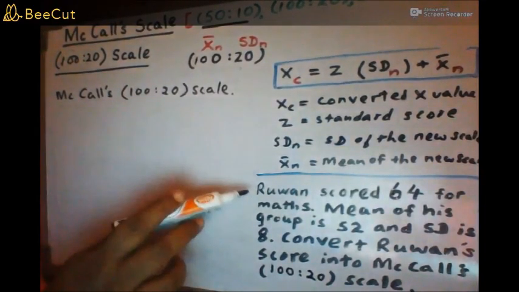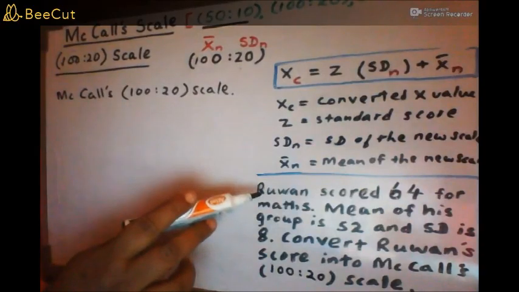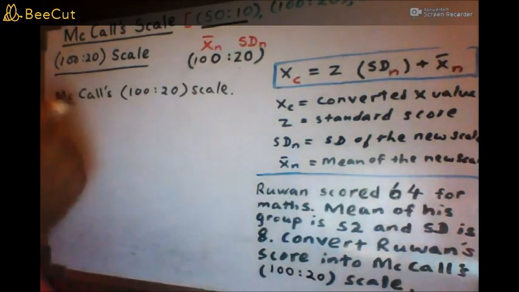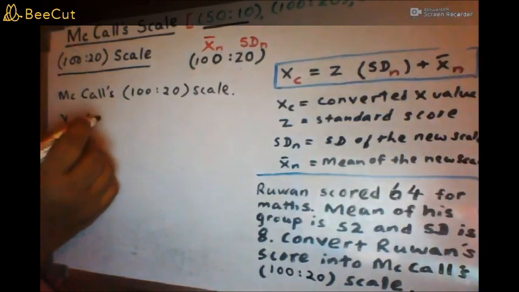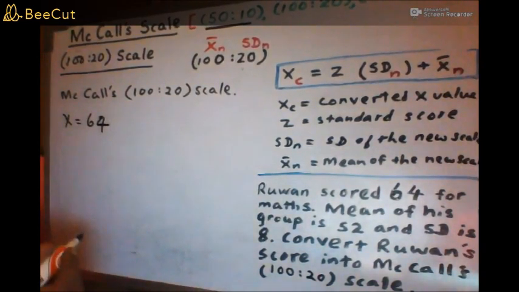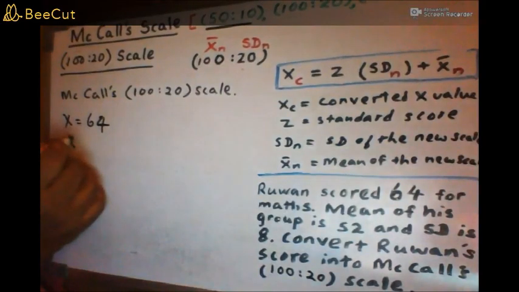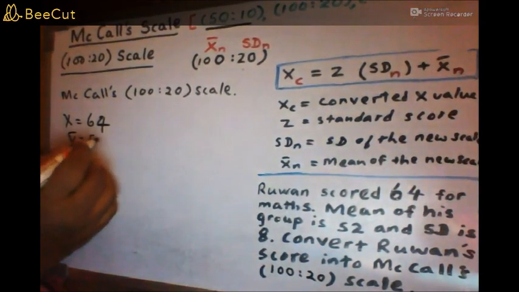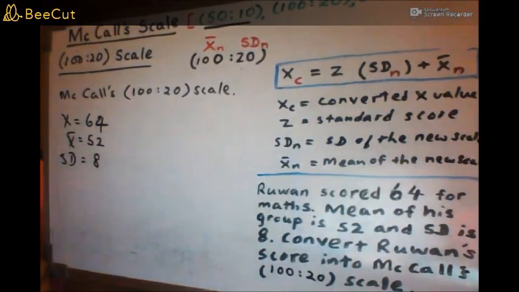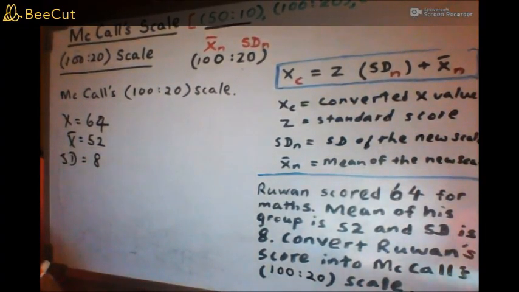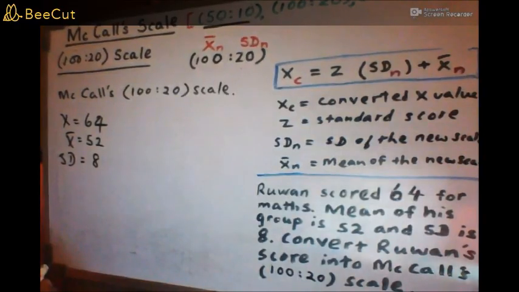So what is given here? Ruan scored 64. That is x. X equals 64. Then mean is 52, x bar 52. And standard deviation is 8. Convert Ruan's score into McCall's 120 scale.